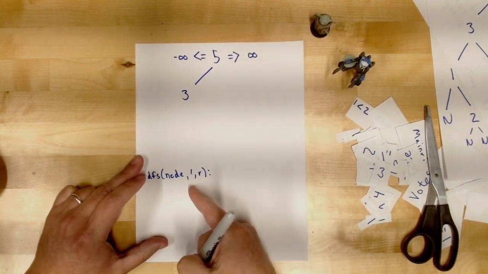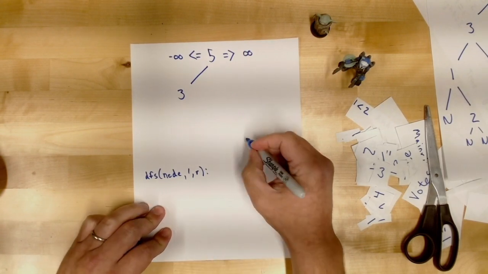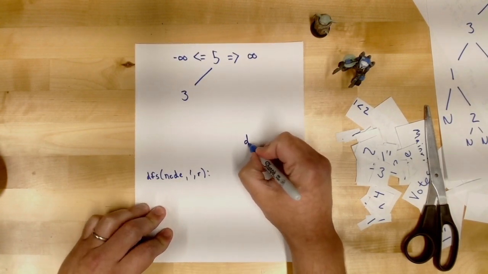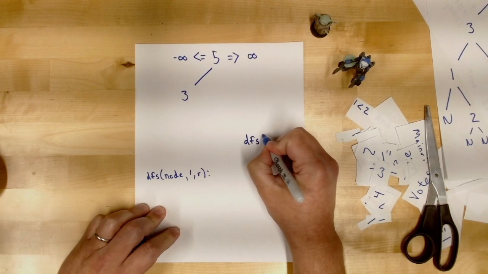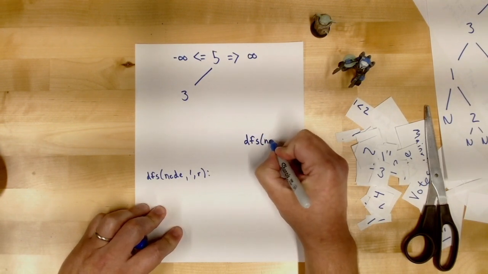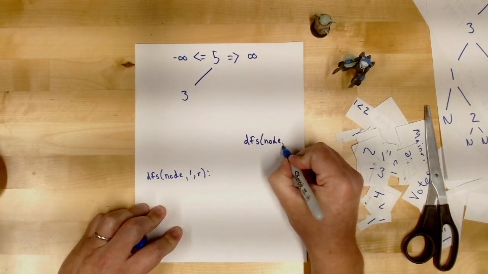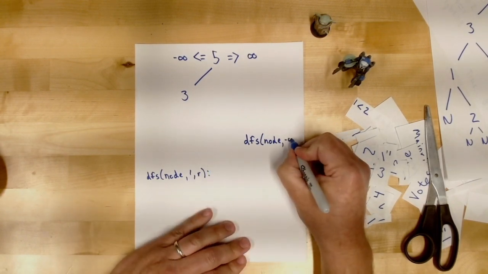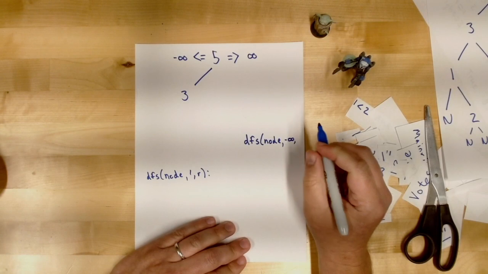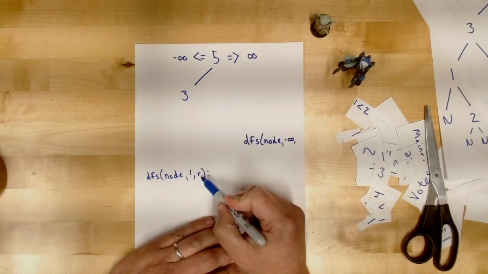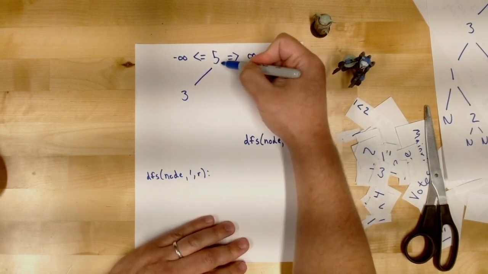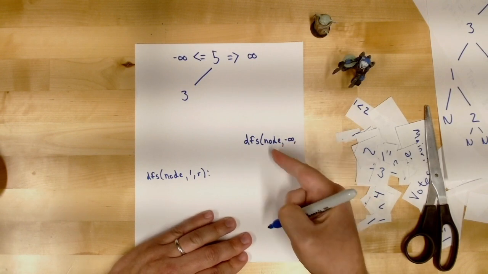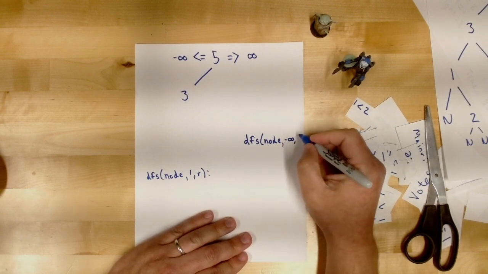So when we call DFS, let's not write it down here in the definition, but when we call DFS on 3, when we call it, so we're going to pass in our node. What is our left boundary? It's still negative infinity, right? That didn't change. But what's our right boundary? 5, which is node.value.